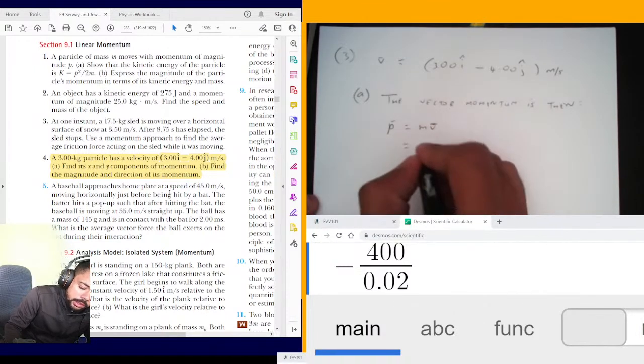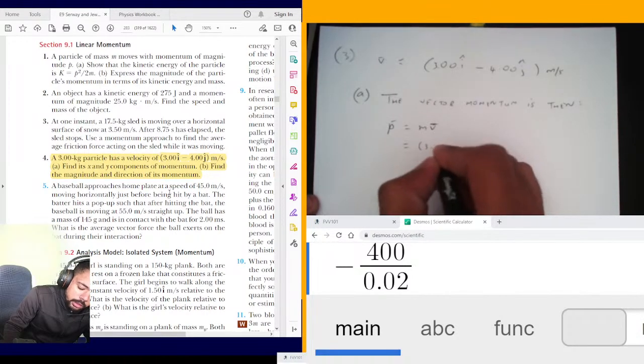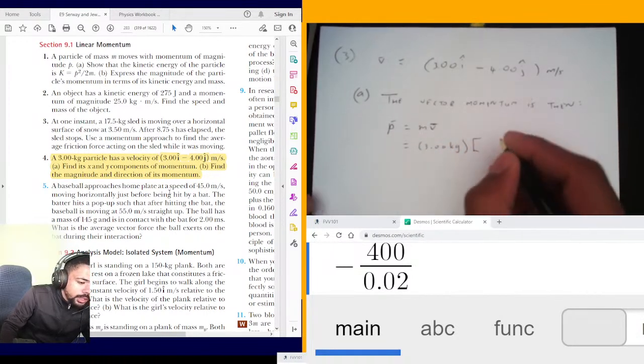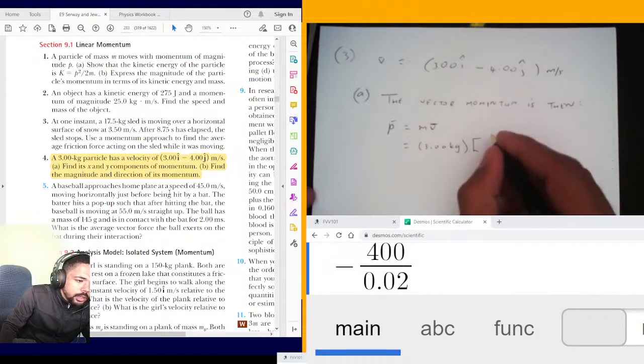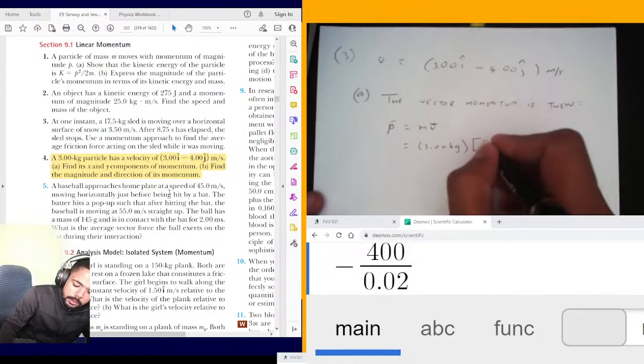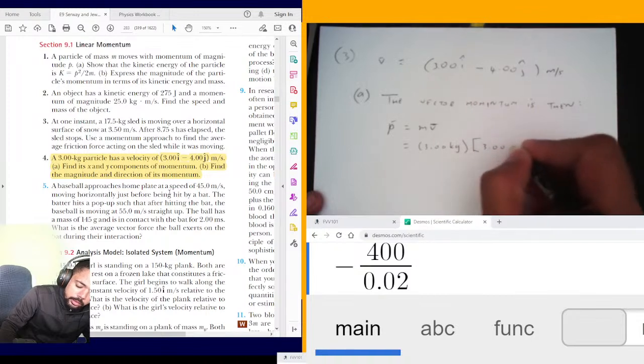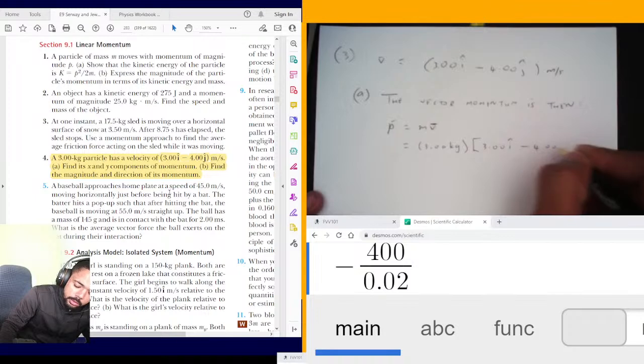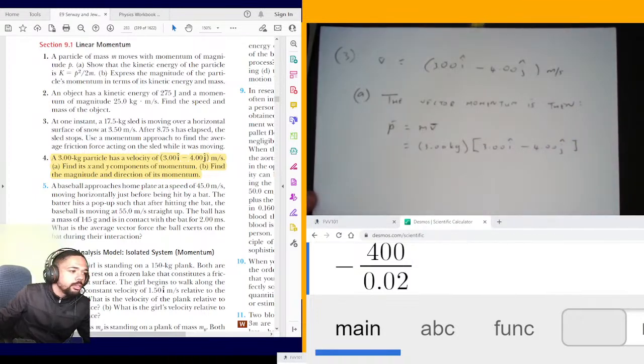The mass is equal to 3 kilograms, and the velocity is equal to 3 i hat minus 4 j hat. So there we have the mass.